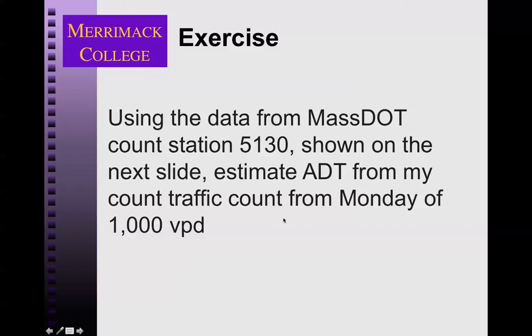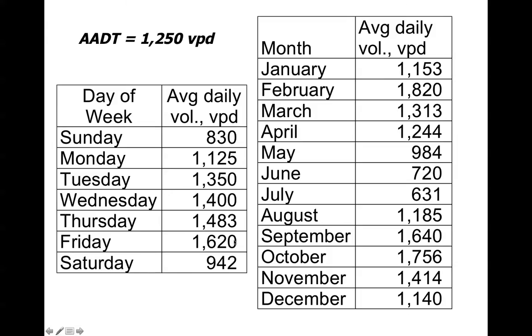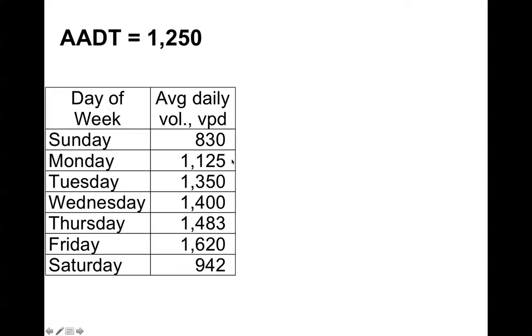So I collect my traffic counts on Mondays, and the count is 1,000. And I count it in, I forget what month, I think March I said. Well, that'll be coming. But let's say it's on a Monday, right? So the Monday volume is 1,125.